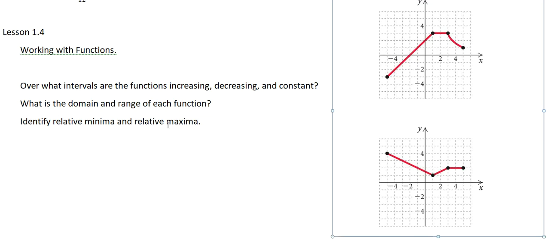Now, identify the relative minima and the relative maxima. Well, okay, the relative minima, well, if we look around any place where we actually have the function defined, the minimum value right around here in this small neighborhood seems to be -3 at an x value of -5. So -3 seems to be one of the relative minima.